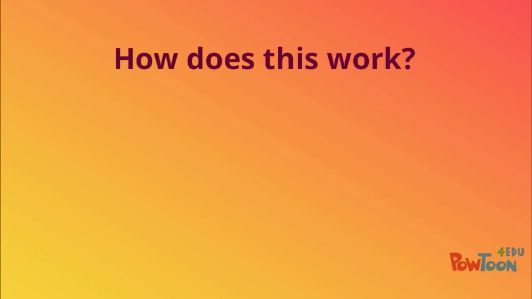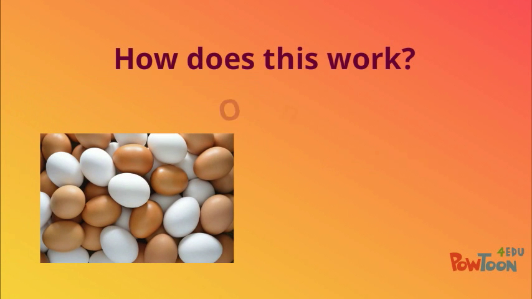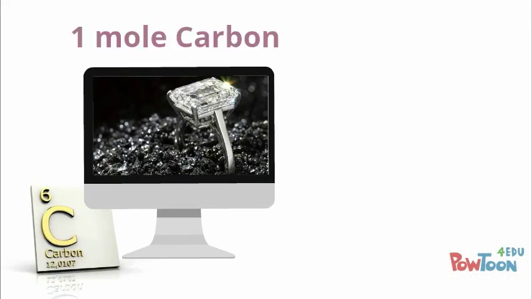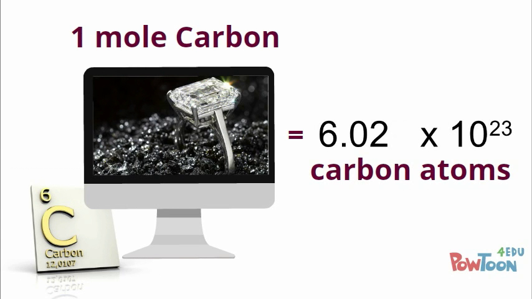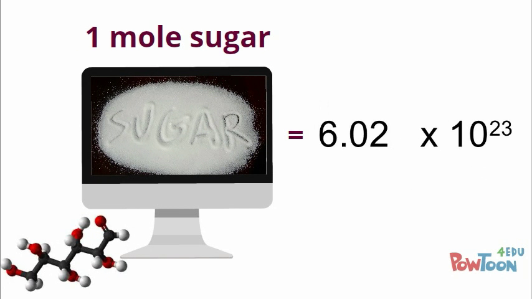Just like 1 dozen eggs is equal to 12 eggs, 1 mole of eggs is equal to 6.02 times 10 to the 23rd eggs. 1 mole of carbon is equal to 6.02 times 10 to the 23rd atoms of carbon. And 1 mole of table sugar is equal to 6.02 times 10 to the 23rd sugar molecules.